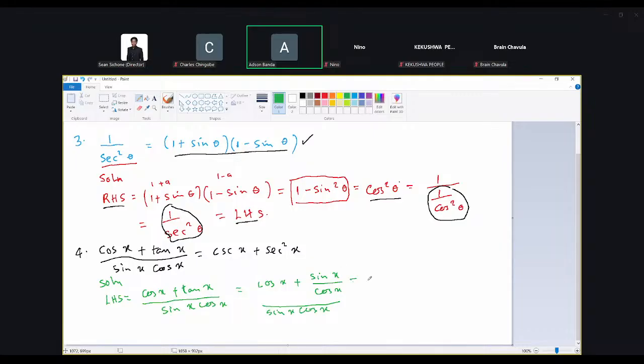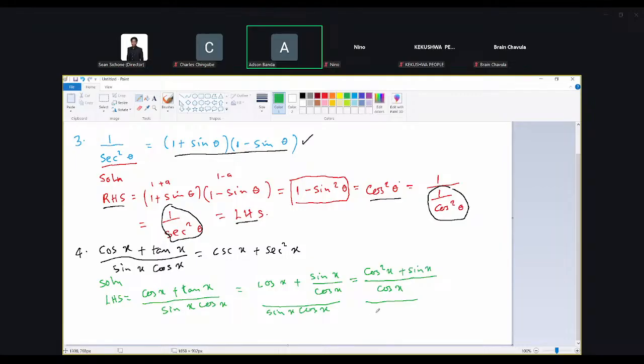The next thing, whenever we have fractions, let's try to write it as one fraction by finding the common denominator. So the common denominator is the cosine of x. In this case, then here we will have the cosine squared of x plus sine x. So that is in the numerator.